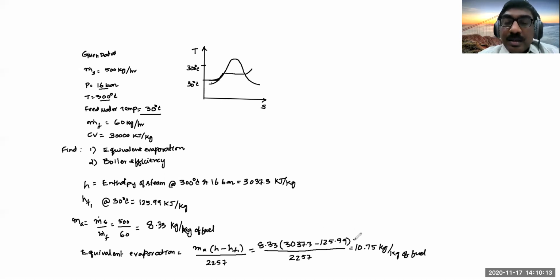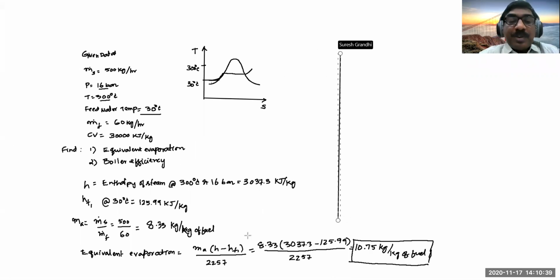So this is the equivalent amount of evaporation, that is normally denoted by the symbol ME.